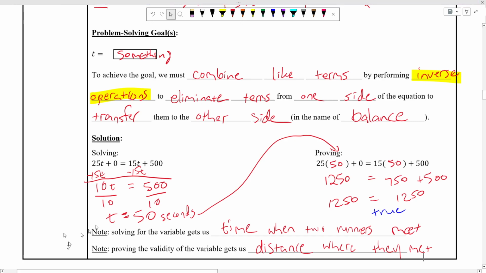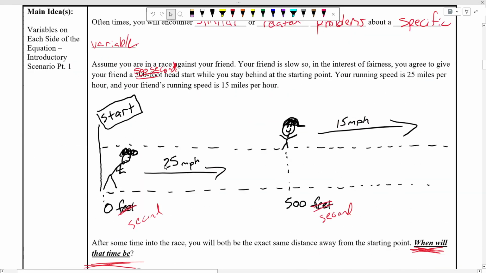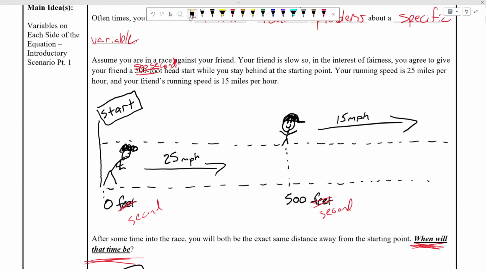And actually, real quick, now that I think about it, I don't know why I crossed these out, but yeah, it should be in terms of feet. And I don't know why I did that. Yeah, feet. That makes sense.